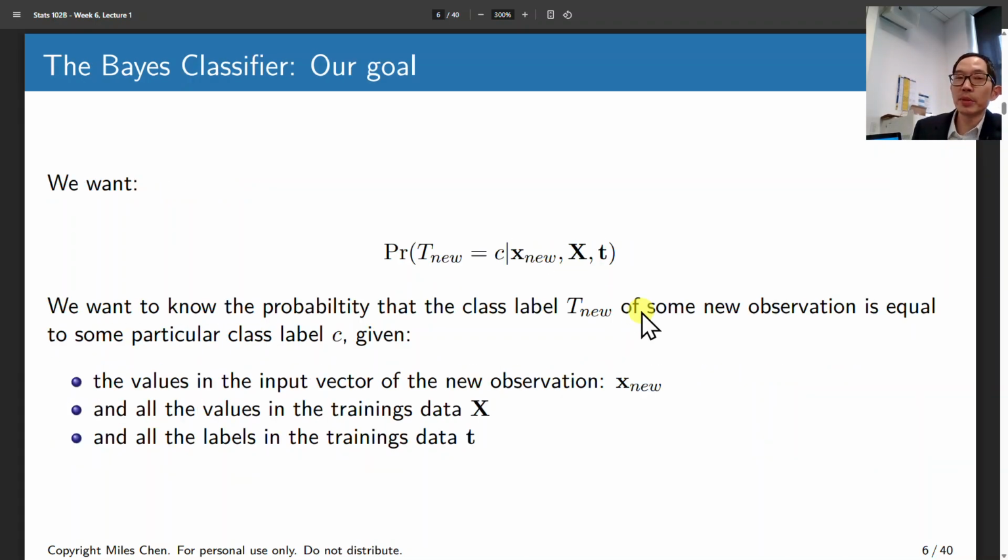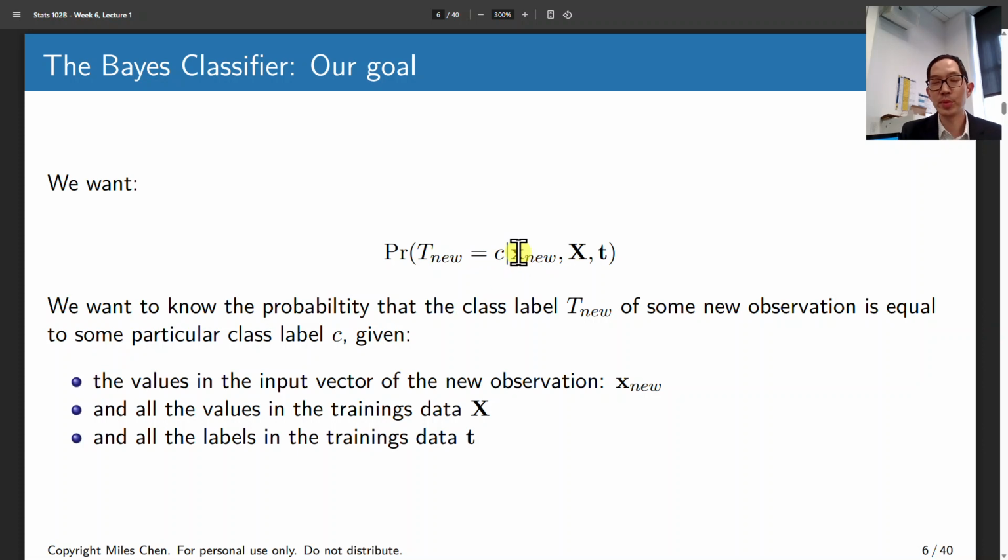And so we will apply Bayes' rule to a classifier problem. This is the probability that we want to calculate: the probability that a new observation belongs to class C. What is the probability that this new object that I'm seeing belongs to category A?